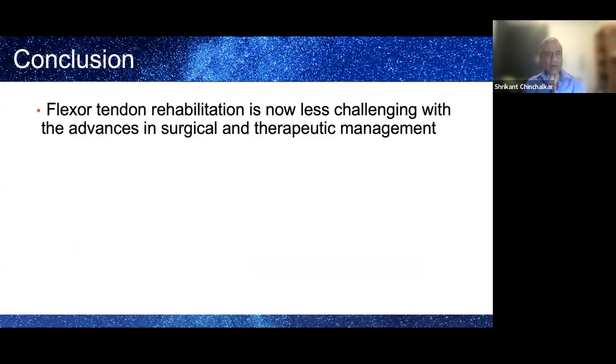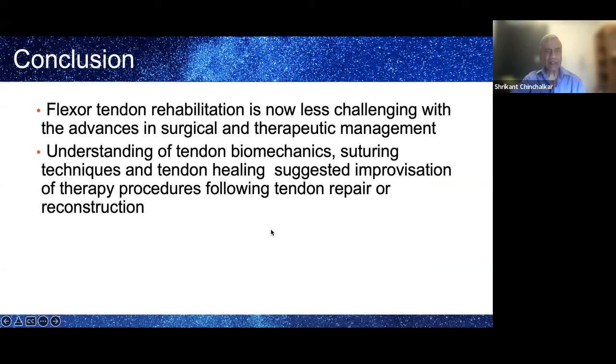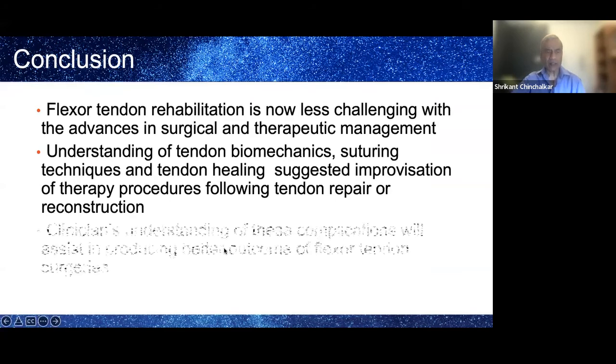So in conclusion, flexor tendon rehabilitation is now becoming less challenging with the advances in the surgical and therapeutic management. We can very well say that understanding of tendon biomechanics, suturing techniques, and tendon healing has definitely suggested improvisation of therapy procedures following tendon repairs or tendon reconstruction.